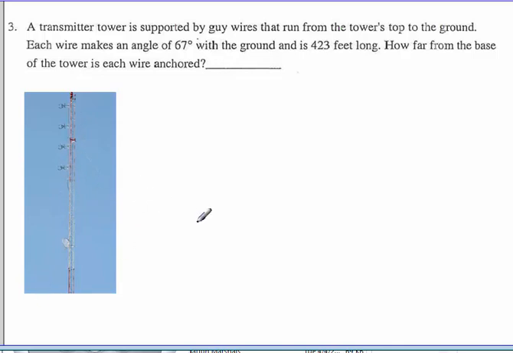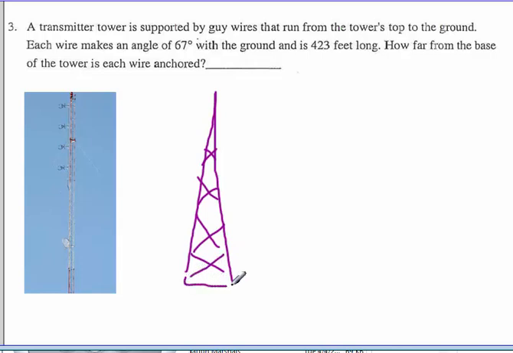So keep in mind that when we solve these problems, it's all a right triangle. Let me do my sad rendition of what this looks like. Alright, so we've got those towers. They're kind of metal structures, and they go all the way down to the ground.